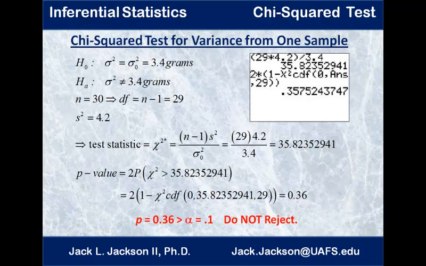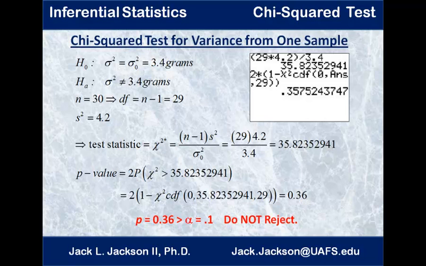And we really only had to do 2 computations, and they're not too difficult here. The first one is we computed the test statistic, which used the formula n minus 1 times s squared over sigma squared. Straightforward there. 29 times 4.2 divided by 3.4.